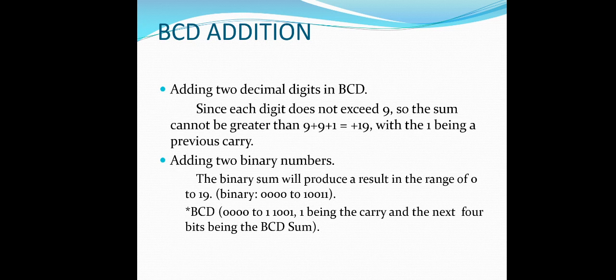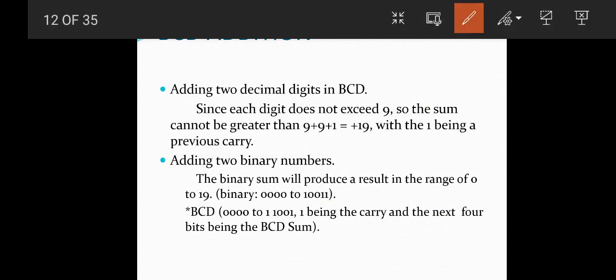What if you are going to add 2 decimal digits in BCD? How do you add BCD? In adding 2 decimal digits in BCD, since each digit does not exceed 9, the sum cannot be greater than 9 plus 9 plus 1, which is equal to 19.